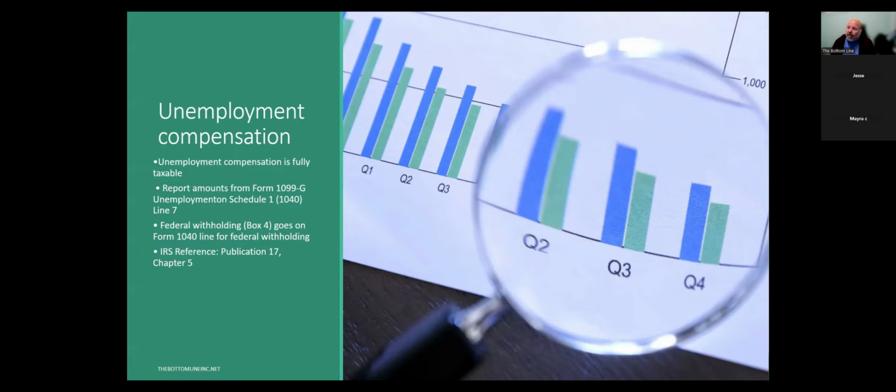And the federal withholding from box 4 goes where we put the federal withholding from the W-2. On the 1040, we saw a line for the federal withholding from the W-2 and a federal withholding from 1099s.